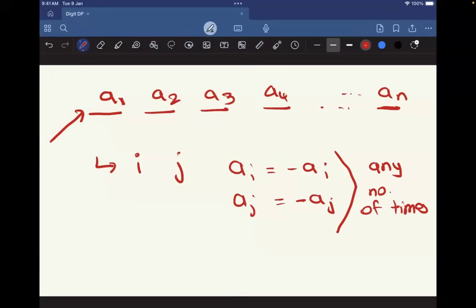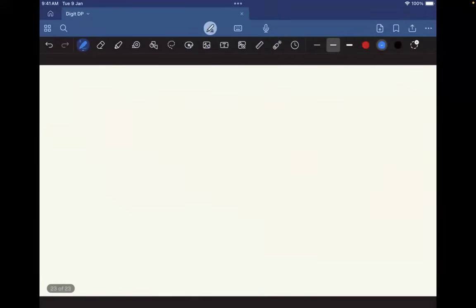Okay. So if this much is clear, I have a very simple question for you all. What is the simplest condition here, guys? Isn't it that if all elements are positive or non-negative, we do not actually make any element negative, because our goal is to make all elements positive?